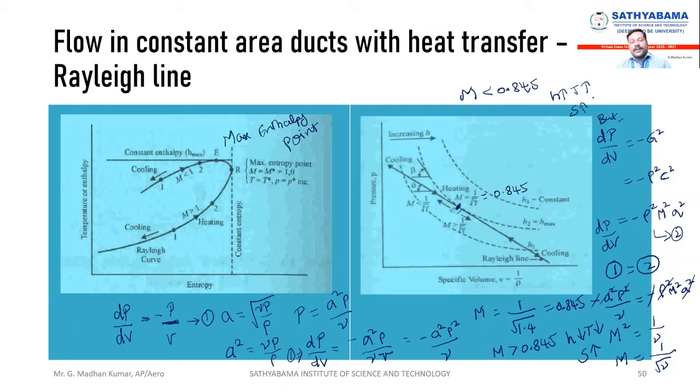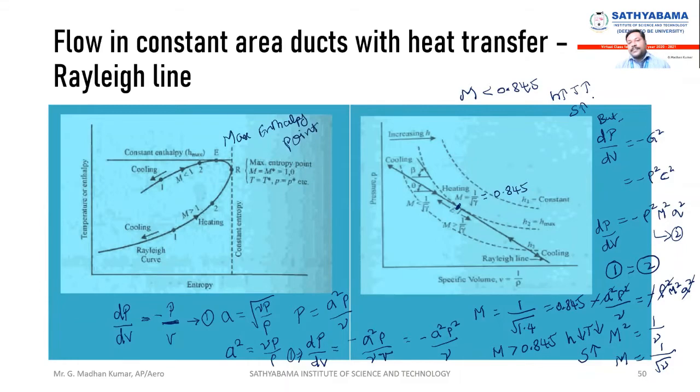So what is represented here is that you have a quantity of flow and you are heating that quantity. How does the flow behave over time? The flow is taken and entered into the heated duct. When it enters the heated duct, the flow gets accelerated. It's a simple case. But at supersonic speeds, deceleration happens.